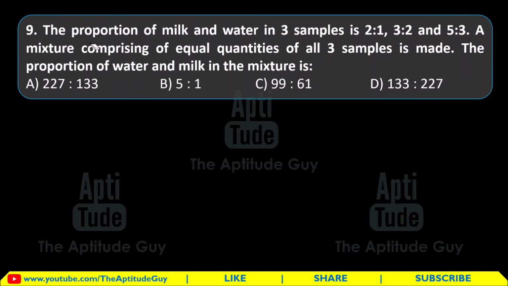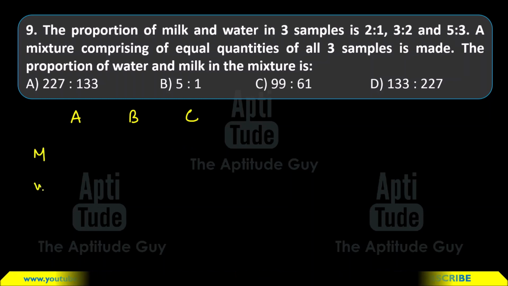Alright, let's do this. The proportion of milk and water in 3 samples is this. See, it's the same way. So again, let's assume that there are 3 containers A, B, and C. And we have milk, we have water. Now milk and water, 2:1, 3:2, 5:3. So how much is milk in container A? 2 by 3.